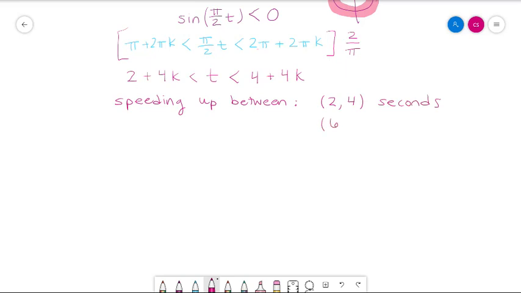Let's see, 2 plus 4 to 4 plus 4. If k is equal to 2, then 4 times 2 is 8. 2 plus 8 is 10. 4 plus 8 is 12. All right, and then we can generalize it. So 2 plus 4k to 4 plus 4k seconds.